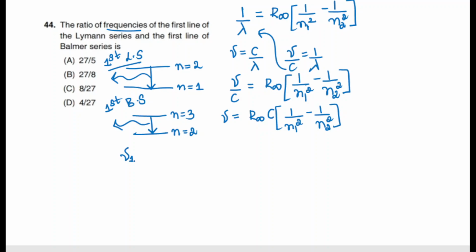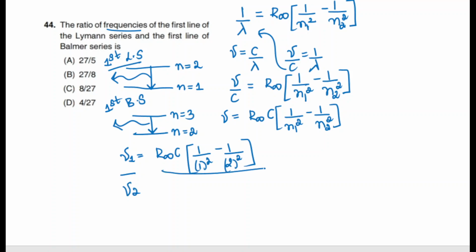So frequency 1 is equal to r infinity into c, 1 divided by 1 square minus 1 divided by 2 square, all divided by frequency 2, which is r infinity into c, 1 divided by 2 square minus 1 divided by 3 square.